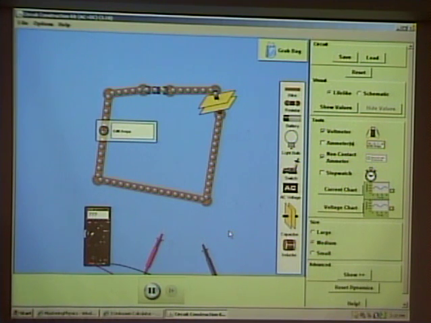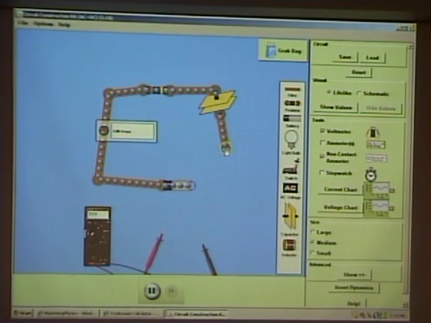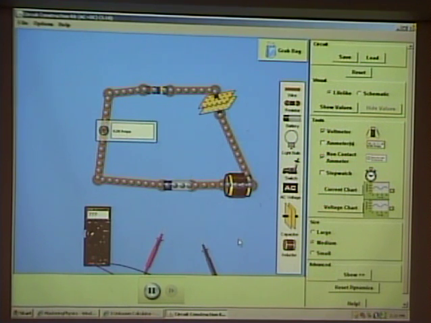Now, one of the nice things that we're going to learn about when we get to AC circuits: let's put this battery in here one more time. But this time, I'm going to put this guy in here just to whet your appetite for it. This guy's called an inductor. Because of the magnetic field that he has, it's going to charge that up.